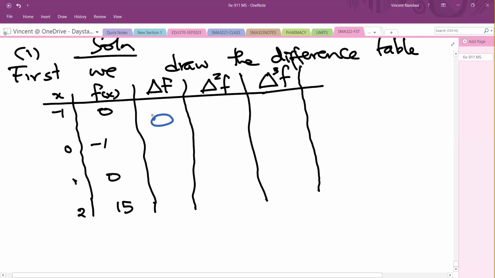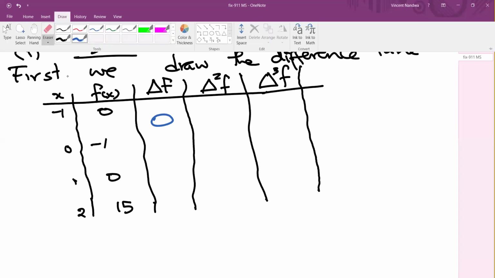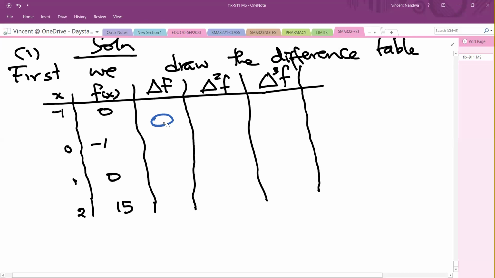What number? For those who did my assignment or exercise, what number should I put here? -1, correct.